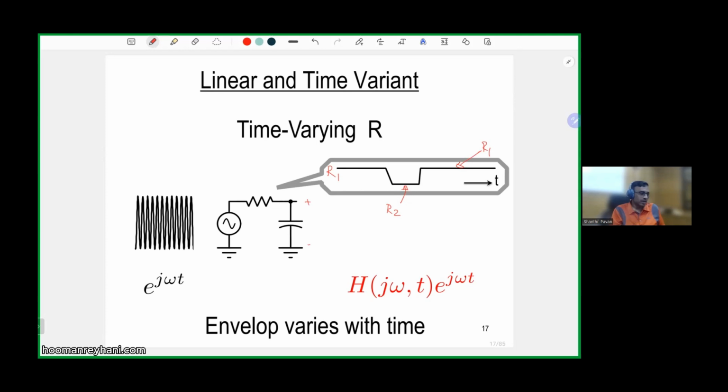Yeah, well, for a long time, the resistance was R1. So you would have some sine wave like this. Then as the monkey reduces the value of the resistance, what should you expect at the output?